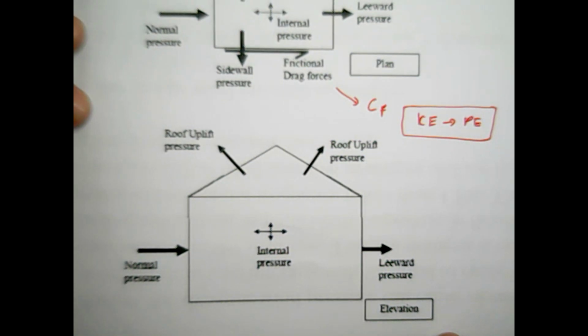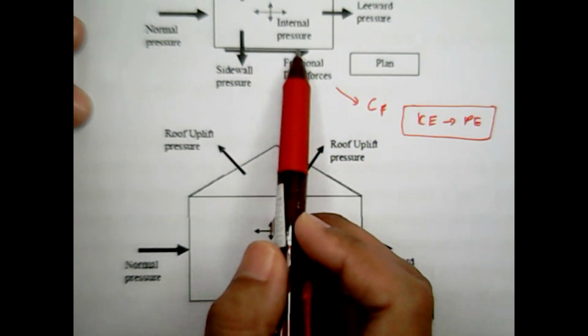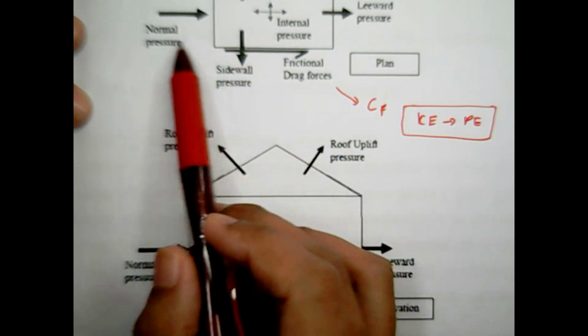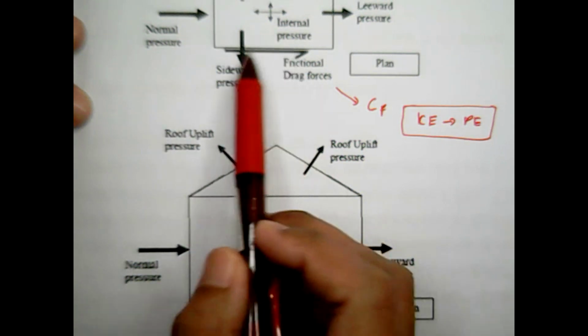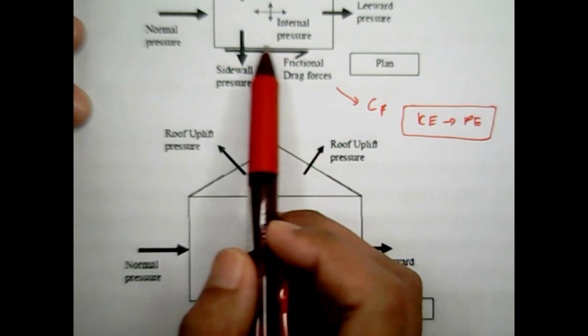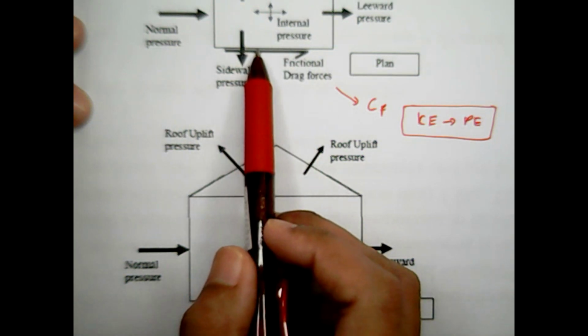When the wind flows parallel to the surface and the surface is long and has corrugations, the frictional drag forces will be larger.